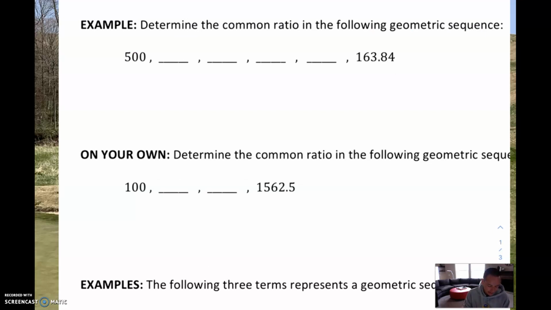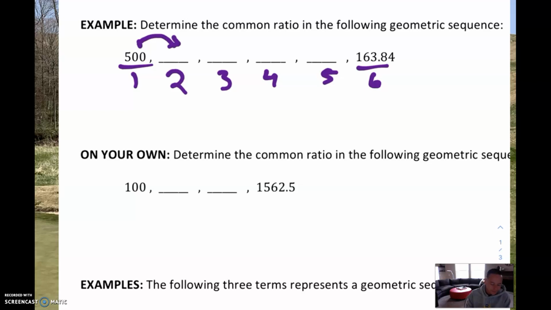Next example says, determine the common ratio in the following geometric sequence. So it's starting with the 500. That's your first term. We have some second term, a third term, a fourth term, a fifth term, and we do know that the 6th term is 163.84. So to get from the first term all the way to that 6th term, you're going to have to multiply by some common ratio.